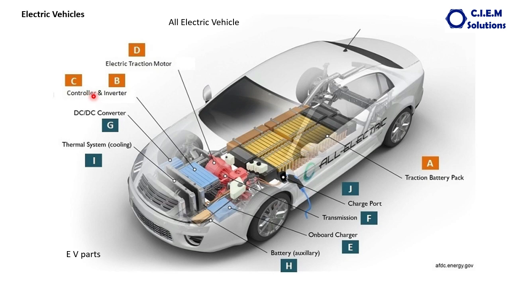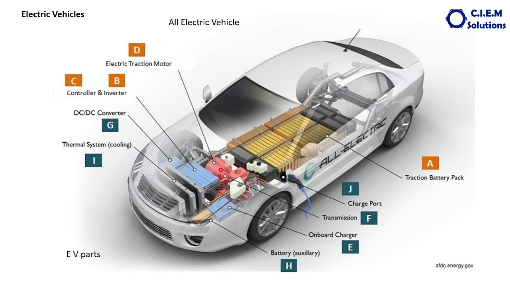Then accordingly, a command is sent to the inverter. The job of the inverter, as we have already discussed, is to convert the direct current into alternating current, AC. So the controller sends the command to the inverter: supply this much current at this amplitude to this motor.